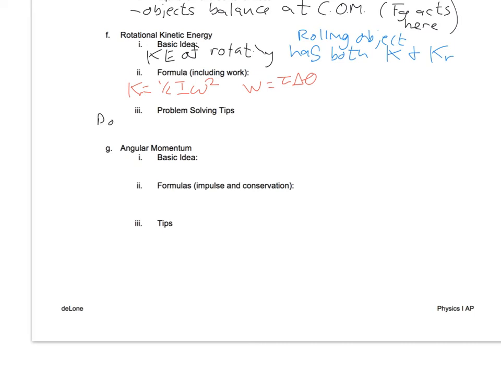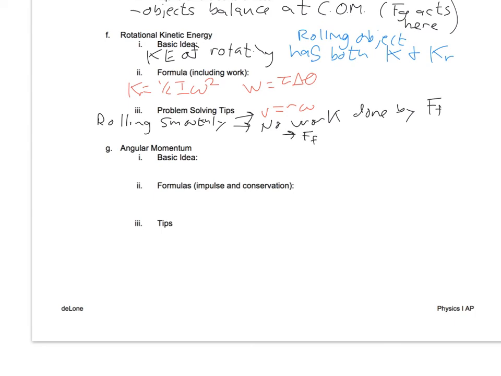And some tips, really there's just one big thing to keep in mind here, and that's this idea of rolling smoothly. Okay, and there's a few important ideas from this. Number one, if we are rolling smoothly, it means we can use v equals R omega. That's an important idea. Number two, it means that there is no work done by friction. All right, and really, what it comes down to is if it's rolling smoothly, the object's not actually sliding relative to the surface, so friction can't do any work.